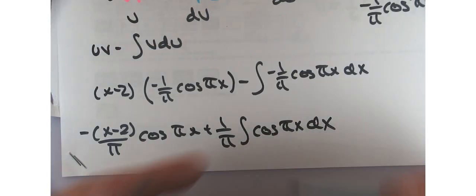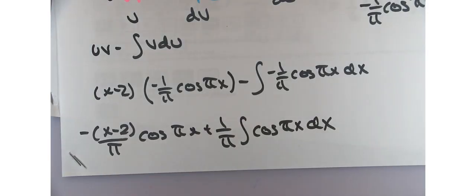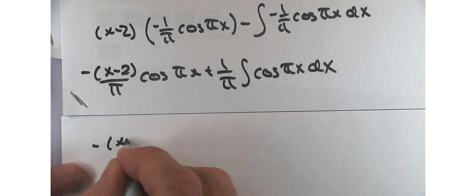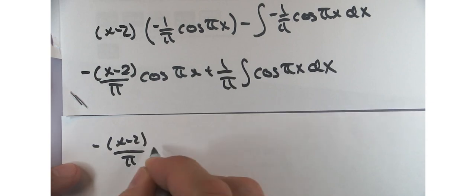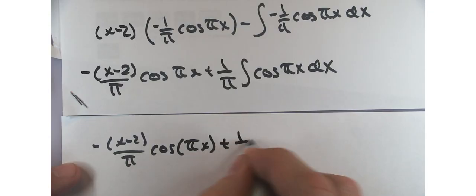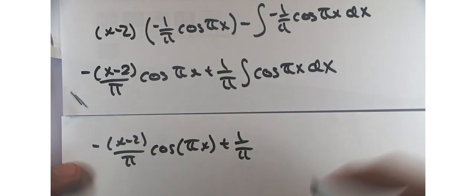So I need to find another antiderivative for that one. So negative x minus 2 over pi cosine of pi x plus 1 over pi. Now I need an antiderivative for this.